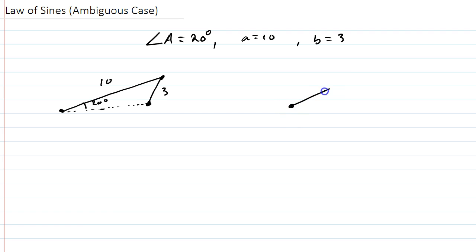On the flip side, you could also have a triangle that has a side length 10 and an angle of 20, but that trapdoor, instead of going over here and meeting there like the other one, you could swing it out and it would be meeting back here.